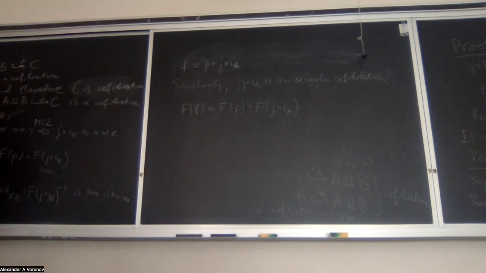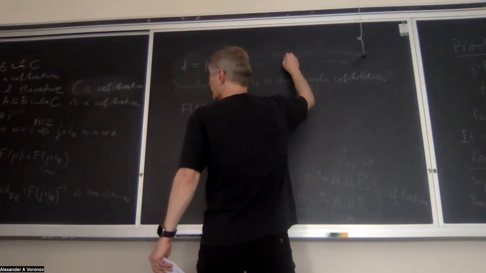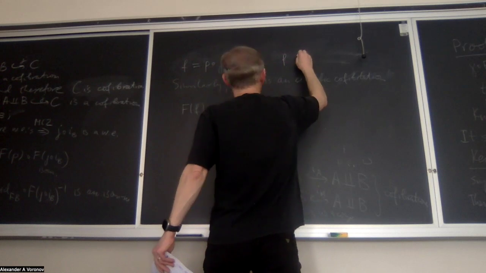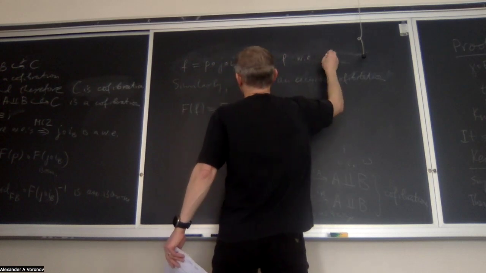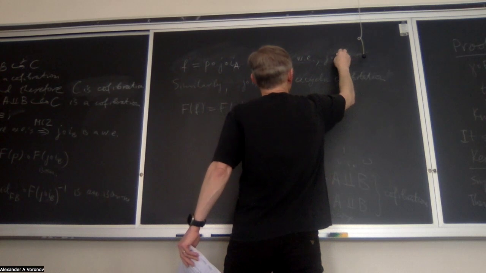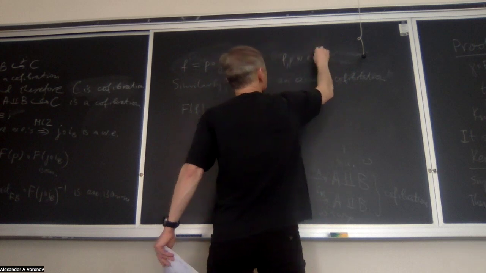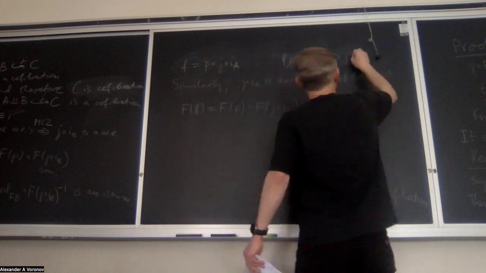Yeah, so again, the same 2 out of 3. F is a weak equivalence and J composed of I. Yeah, and P is F and P are weak equivalences, therefore weak composed of IA.